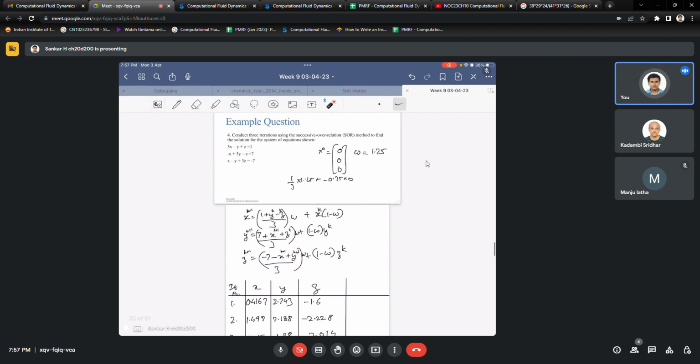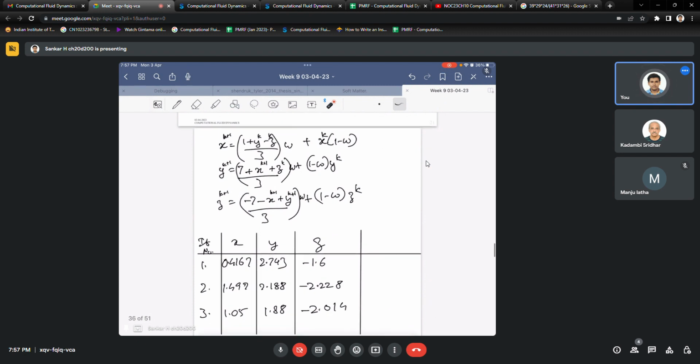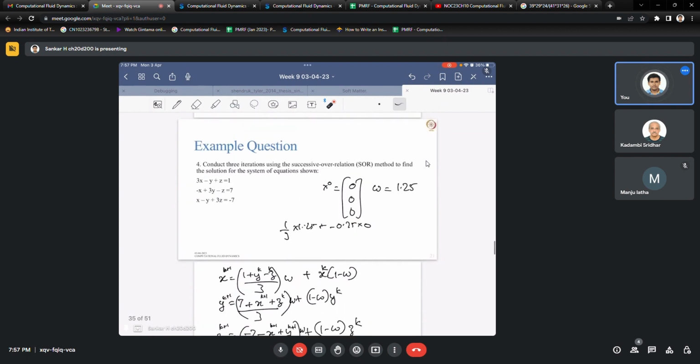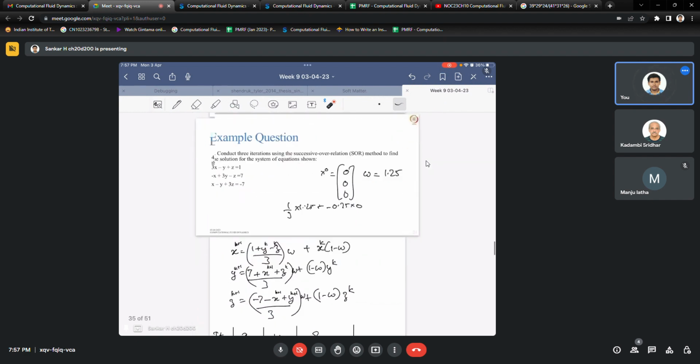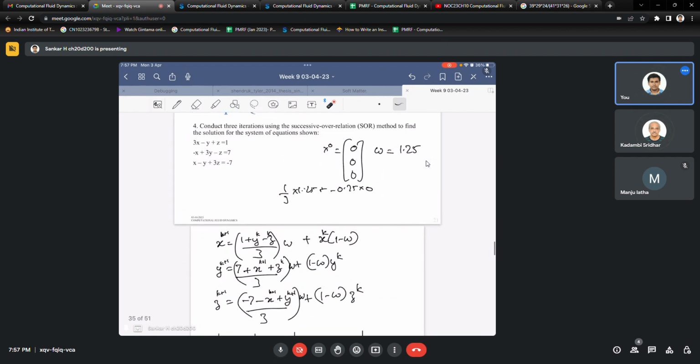Take one particular case, maybe the third question, and compare the infinity norm to see how quickly we can get a convergent solution out of all the methods, considering a single question.